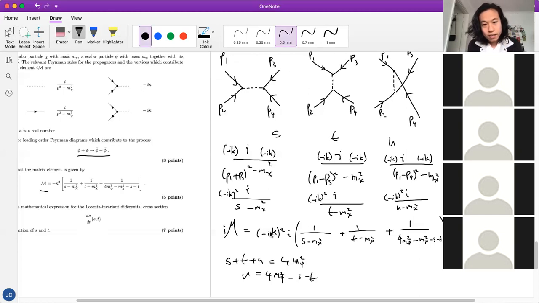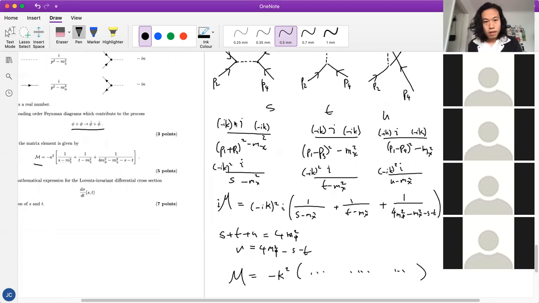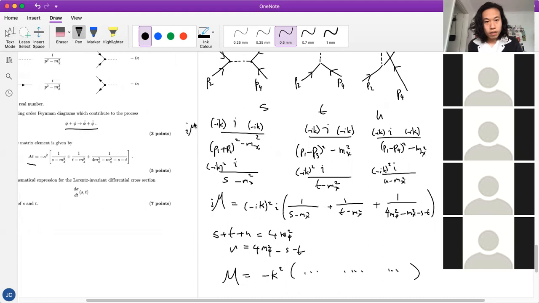Okay, and then just clean this up. The minus i squared just becomes a minus 1. This i cancels out with this i. So M equals minus kappa squared, and then all the terms in the bracket. For completeness, this is the S channel, T channel, U channel, and this is the total.